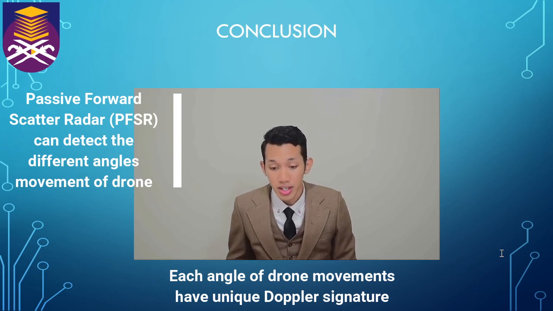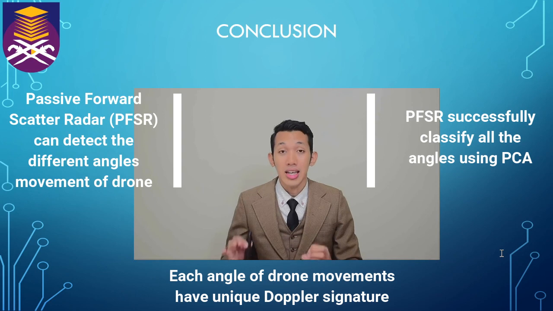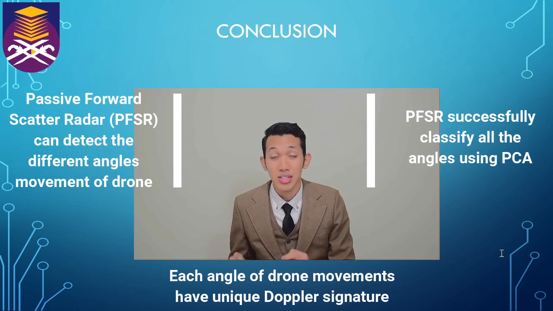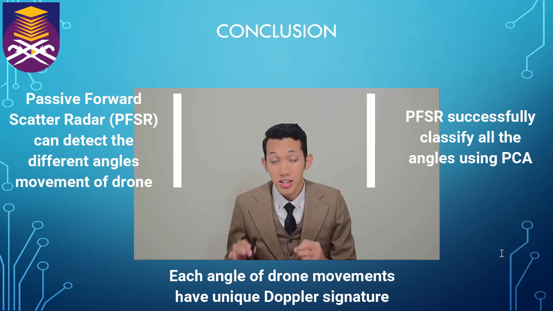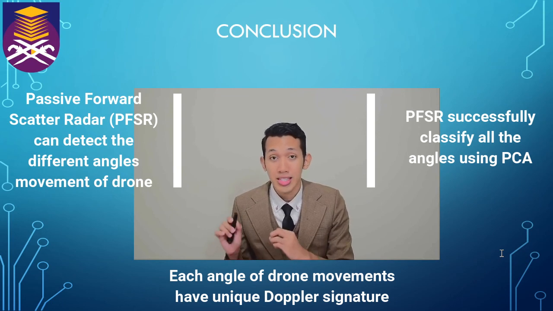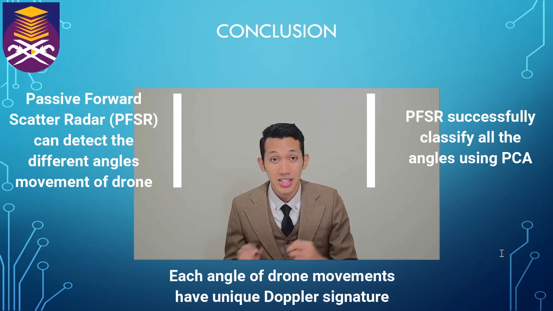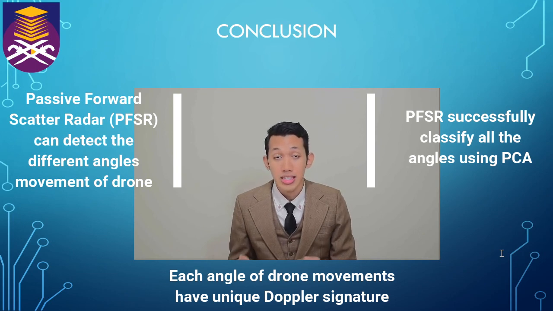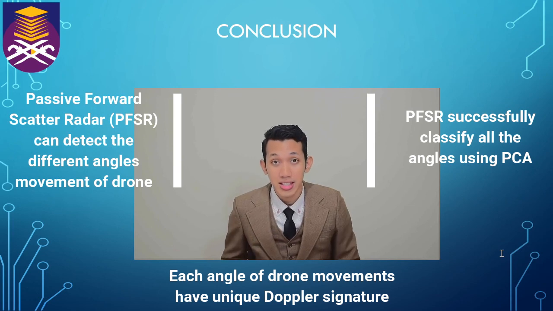In a nutshell, all the angle movements of the drone were successfully classified into their own cluster. Even though the distance between the transmitter and the receiver is further, the passive radar can still detect the target.